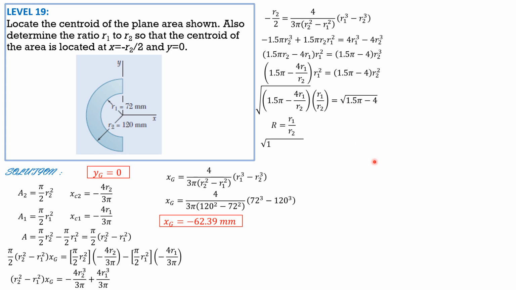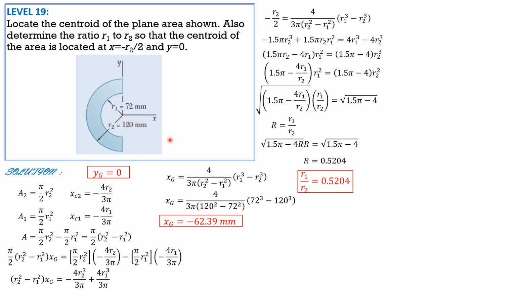To simplify the equation, square root of 1.5 pi minus 4R, then times R equals square root of 1.5 pi minus 4. So this time using your calculator, solve for R. R is 0.5204. Therefore, the ratio R1 to R2, so that the centroid is at negative R2 over 2, 0, is 0.5204.